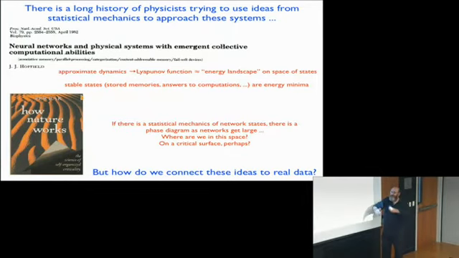So you'd imagine the dynamics of this network, it starts somewhere and it moves along, and where it finally ends, that's the answer to your question. It might be the memory you were trying to recall. It might be some other computation you were trying to do. And so there's a mapping between this sort of physical intuition of the energy landscape and the computations that the network manages to do in a collective way.